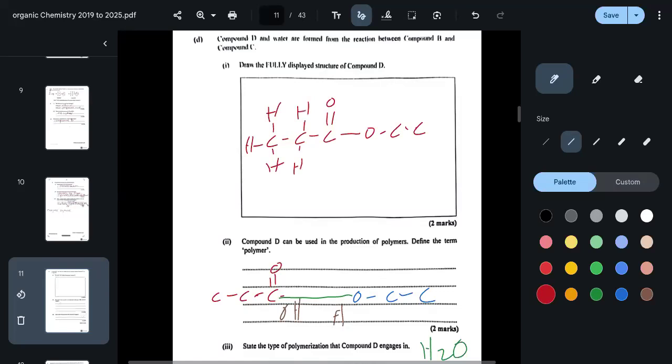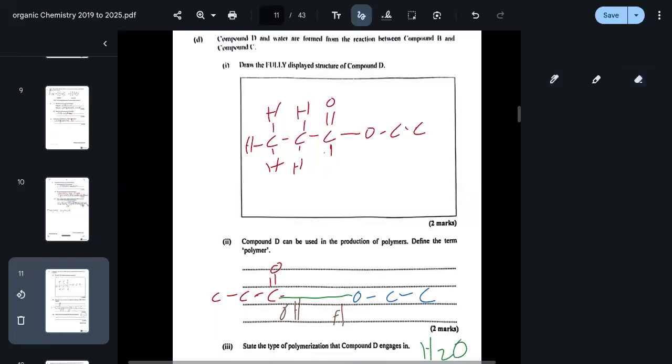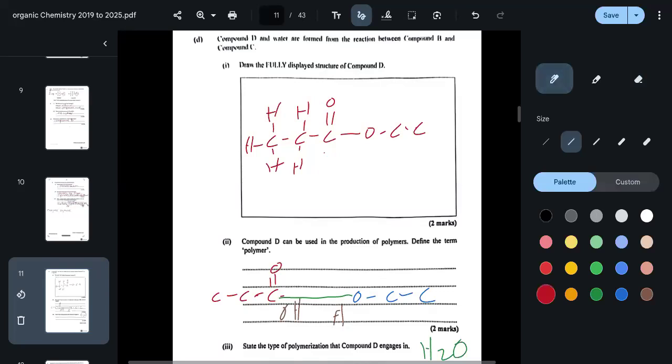Pay careful attention not to put any hydrogen on this carbon. Remember, carbon only forms 4 bonds. So these 2 lines, those are 2 bonds. So 2, 3, 4. So this is compound D.